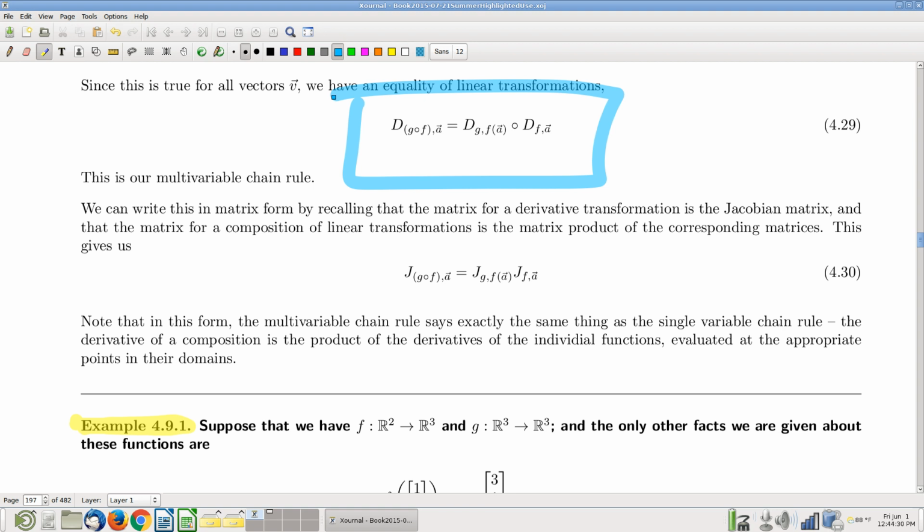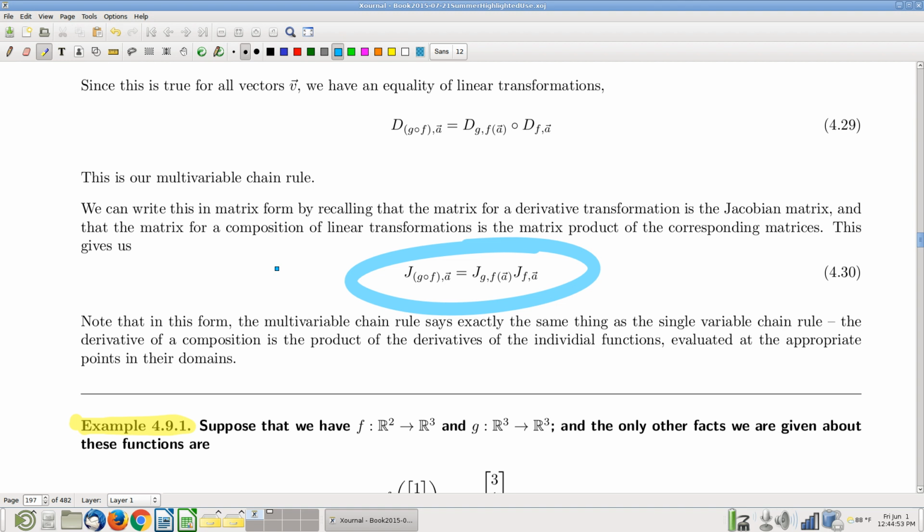Look how this rolls off the tongue when we pronounce what this says. This says the derivative transformation of a composition is the composition of the individual derivative transformations. Lovely, right? It's exactly what you would hope would be true. Take your pick. In practice, when you're plugging and chugging, this is probably the more convenient way to have it written down.